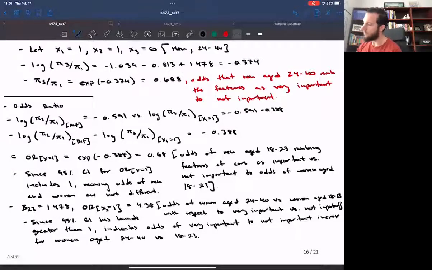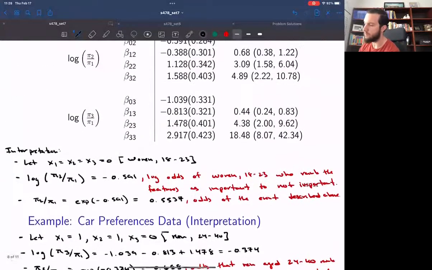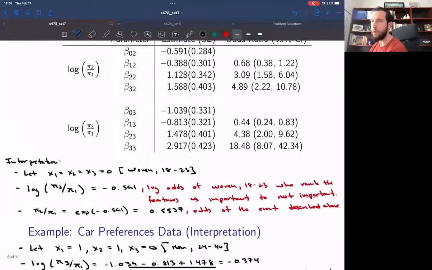All right, there's one other thing I want to talk about in regards to interpretation. These are direct interpretations of the coefficients. We could also build odds ratio interpretations comparing different levels within the experiment, or comparing different gender age group combinations to the reference level. There are a lot of different odds ratios that we can get out of this particular data set, and they're not terribly difficult to calculate as long as you're basically just subtracting off coefficients and then taking the exponent of those differences.